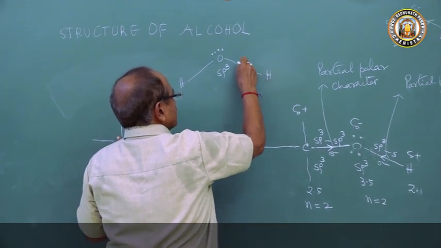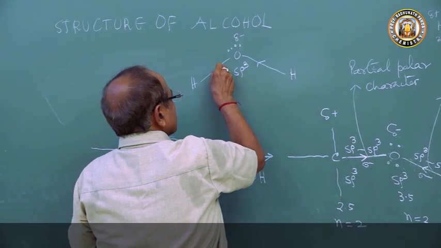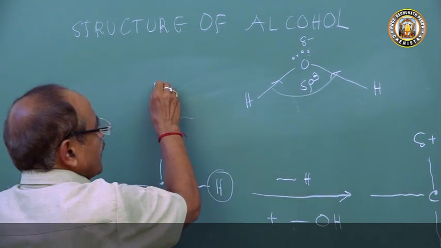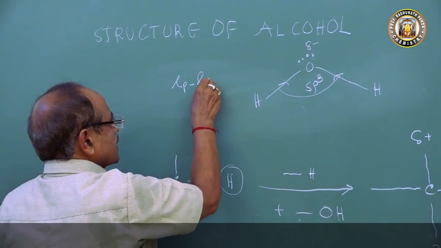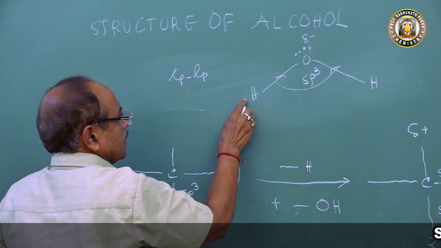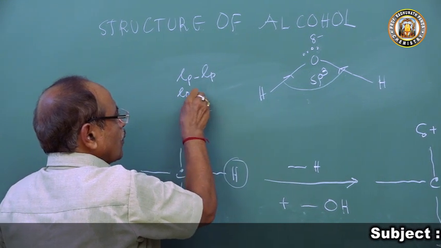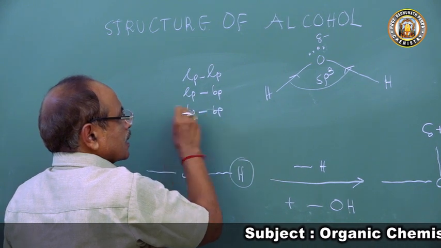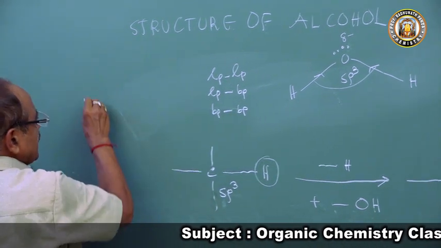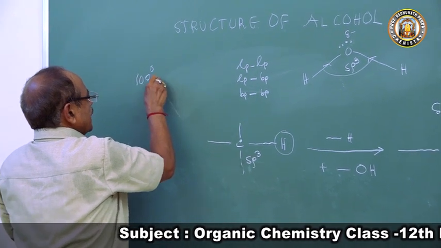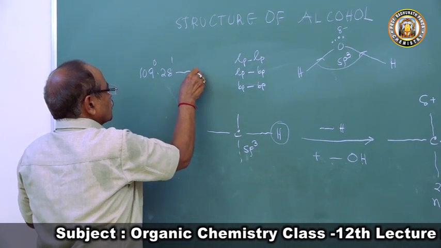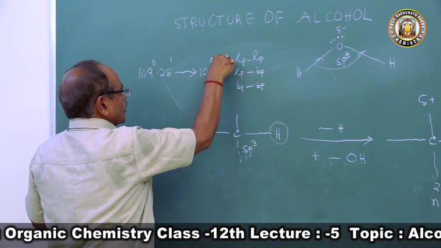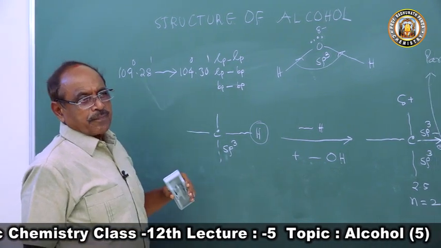Drift of electrons takes place towards the oxygen atom. This is the state of affairs. So this bond angle, because of lone pair repulsion, then lone pair-bond pair repulsion and bond pair repulsion, decreases from 109 degrees 28 minutes to 104 degrees 30 minutes in the water molecule. You have read this in hybridization.